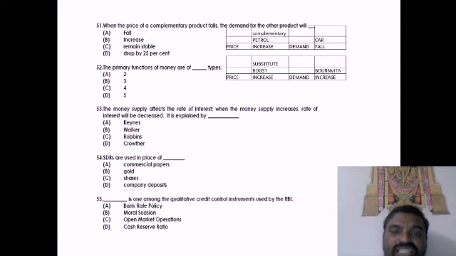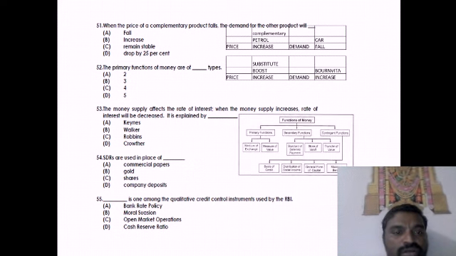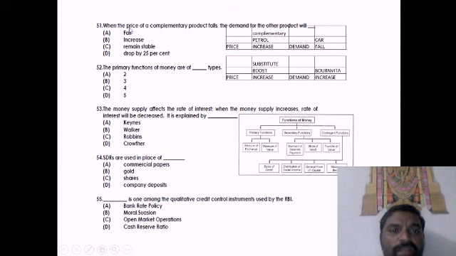And if it is a substitute like Boost and Bournvita, if the price of Boost increases, demand for Bournvita increases. So I think you can know the answer now. So when the price of the complementary product falls, the demand will increase. Answer is B.